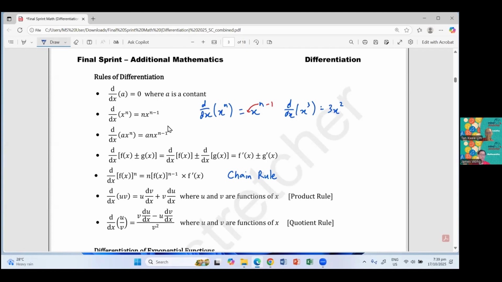Because earlier we have this a here, it will be a times n times x to the power of n minus 1. So that's why it is written as anx to the power of n minus 1. Okay, all right. Before I go into the fifth one, which you notice I've already written here, later we'll talk about that.